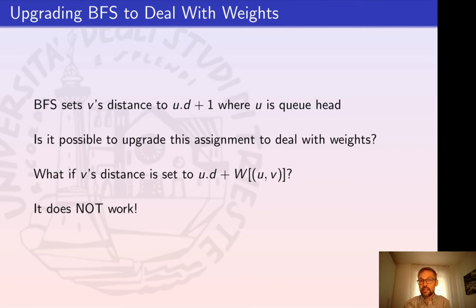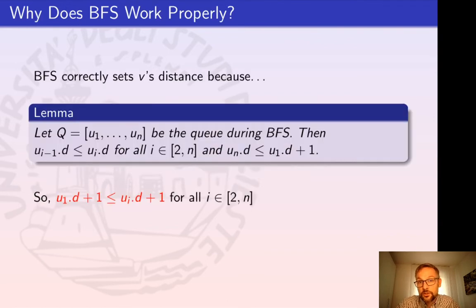So this idea, to take BFS and upgrade it simply by setting the distance of a node by looking at the gray node from which I reach it and adding the weight of the edge along which I reach the new node, doesn't work. Why? Well, first of all, try to understand why BFS worked.